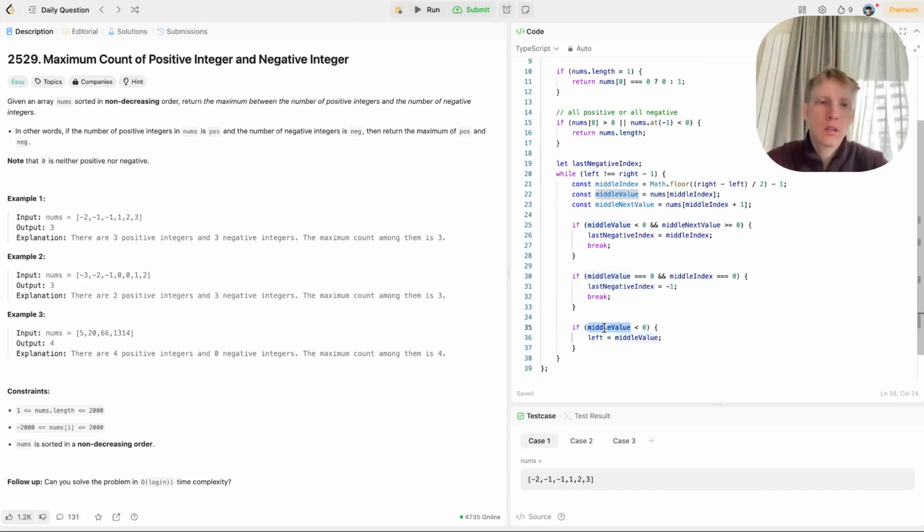In other case, if middle value less than 0, then we will move left, else we will move right.